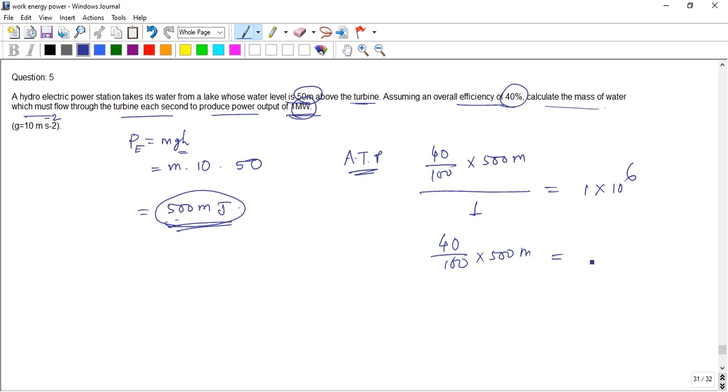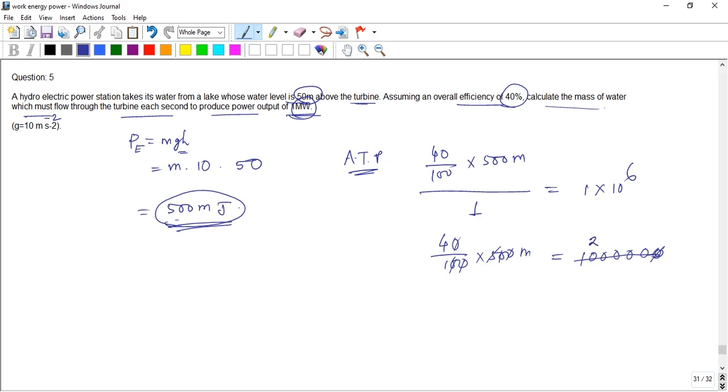m is equal to 10 to the power 6. So we cut this 5.